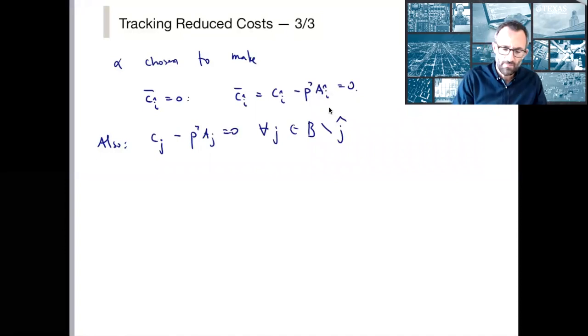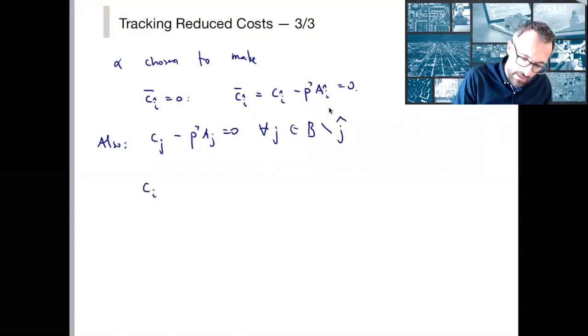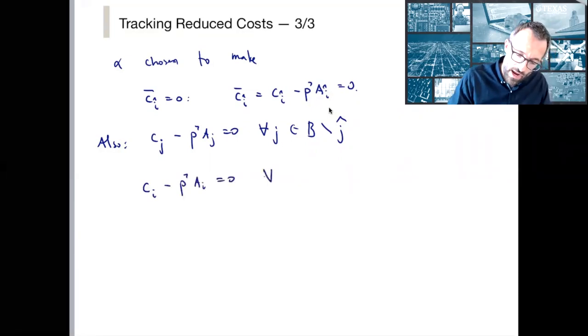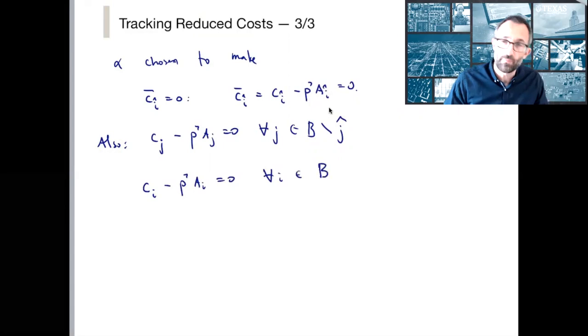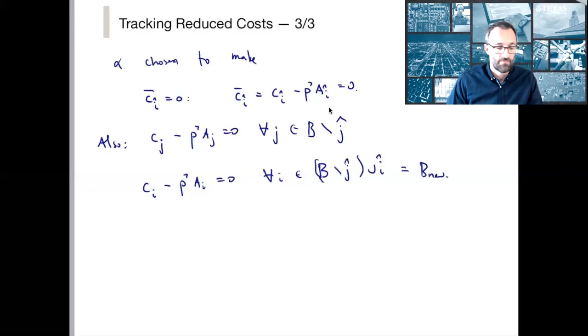So what does that mean? That means that C_i minus P transpose A_i equals 0 for any i that's in our original basis minus j hat union i hat, which is just known as our new basis.